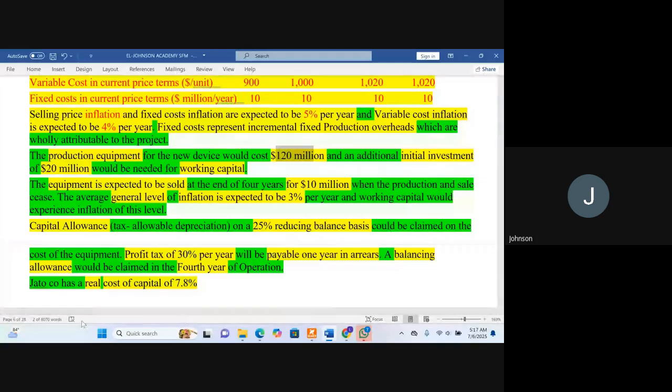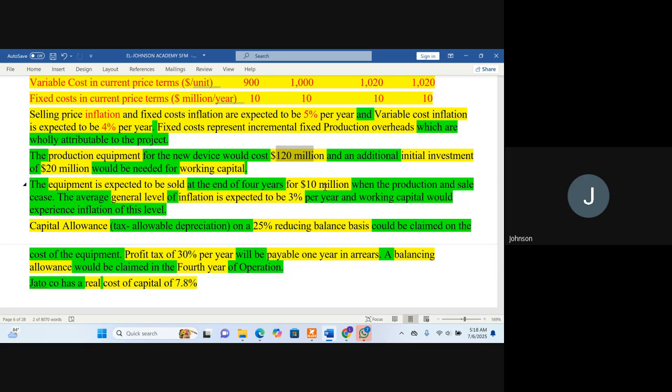They now say that the equipment is expected to be sold at the end of 5 years for 10 million. So you also need to take note of that. The equipment will be sold for 10 million. Okay? So if the equipment will be sold for 10 million, what do we do?